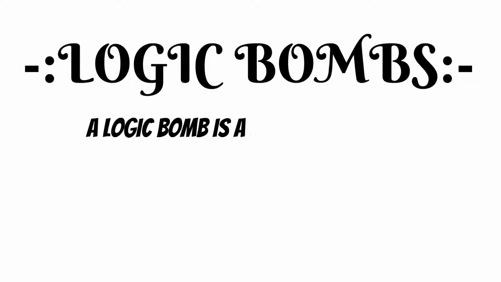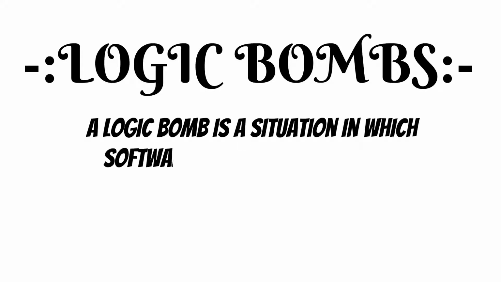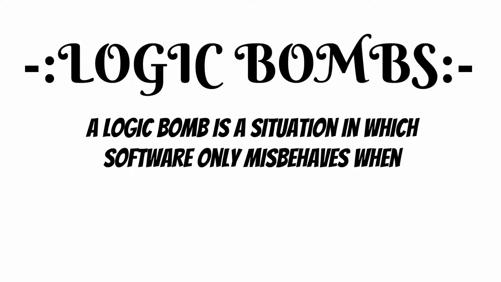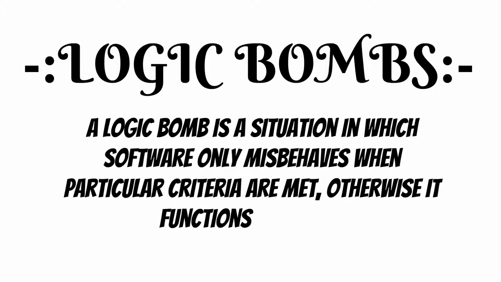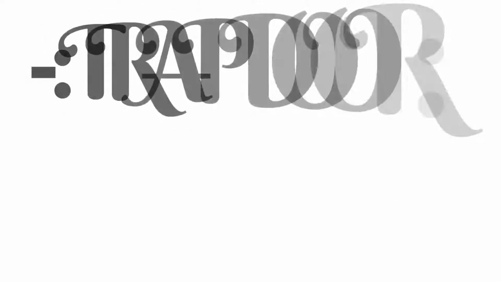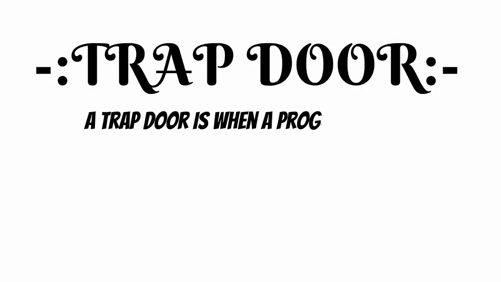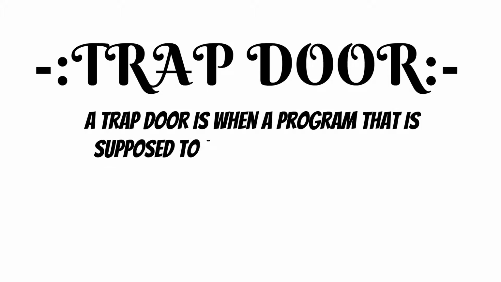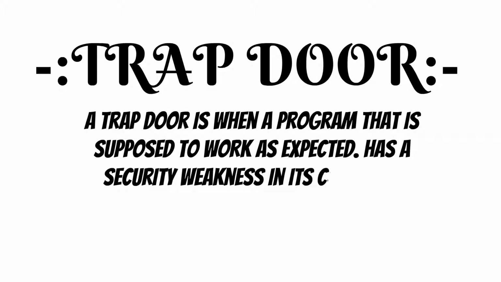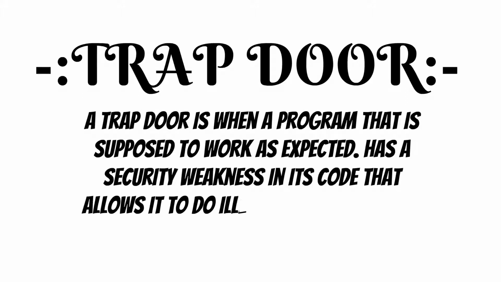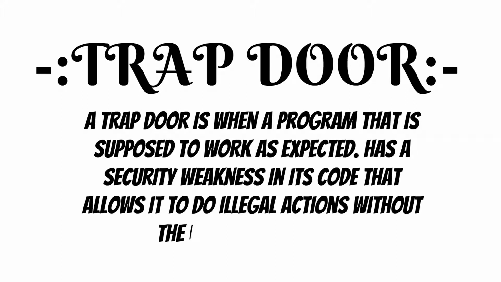A logic bomb is a situation in which software only misbehaves when particular criteria are met, otherwise, it functions normally. Number 4. Trapdoor. A trapdoor is when a program that is supposed to work as expected has a security weakness in its code that allows it to do illegal actions without the user's knowledge.